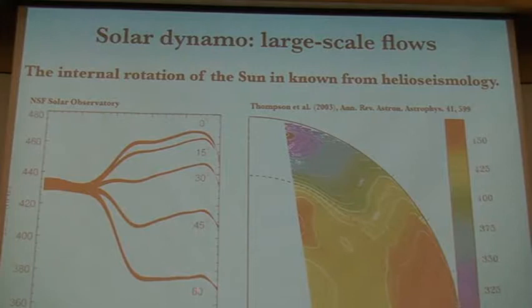And there's another layer of radial shear very near the surface. And then we have this mostly latitudinal differential rotation. And we need to somehow put this into our dynamo model.